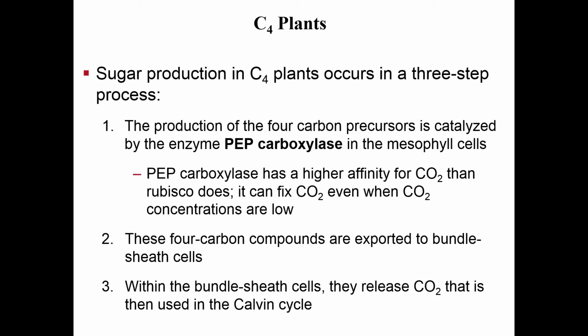So it can fix CO2 even when CO2 concentrations aren't very high. And this 4-carbon intermediate molecule is then shuttled into the bundle sheath cells. Once in the bundle sheath cells, the CO2 is released and then used in the Calvin cycle.